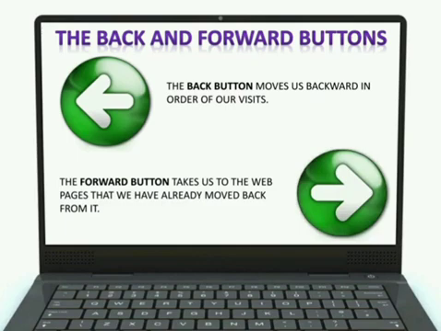So in that case, we need to press the back button, which moves us backward in the order of our visits to the web pages. And working the same way, the forward button takes us to the web pages that we have already moved back from.